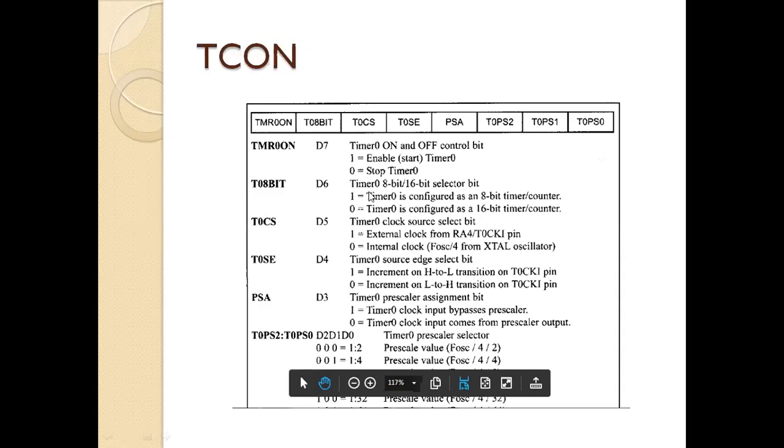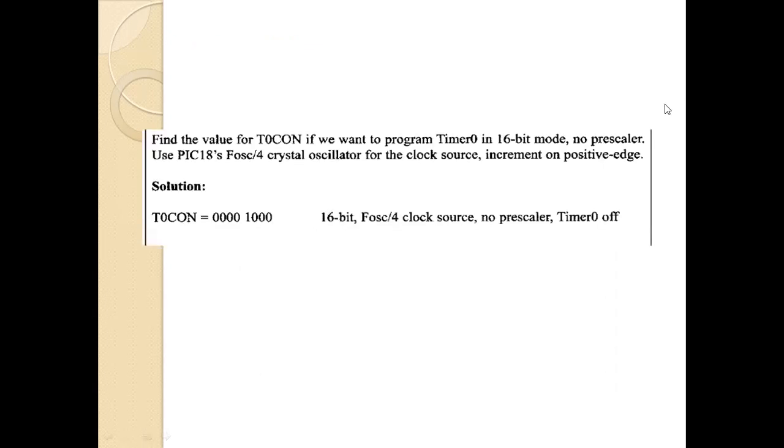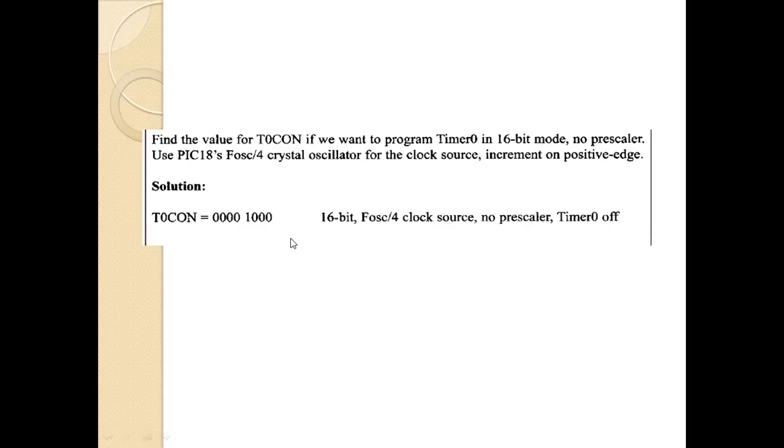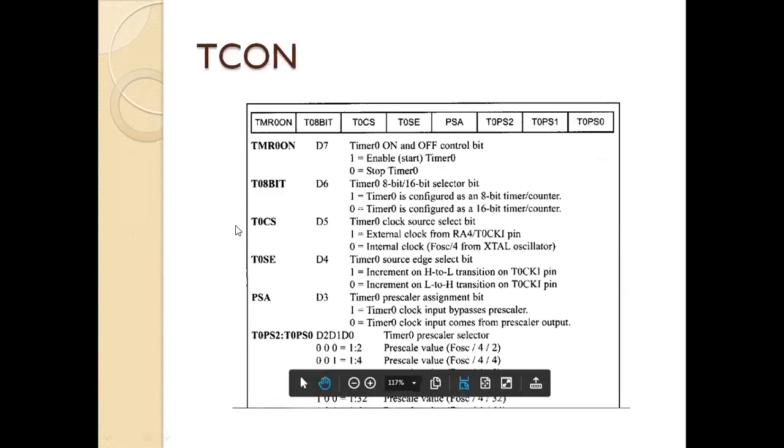What is this bit? 0 if you are going to use the 16 bit timer. Here it is written 16 bit, so this value is 0. Then what is this bit? 1 for external clock, 0 for internal clock. So we have used internal clock, Fosc by 4, so we have taken it as 0.